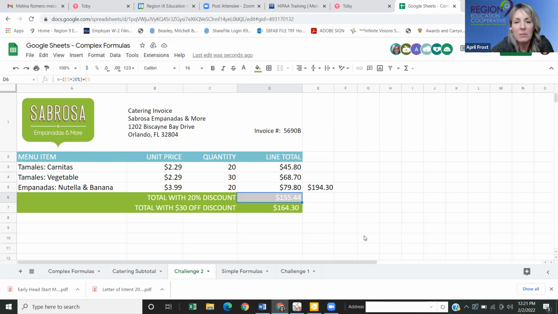So again, following the simple order of operations and making sure that they're in the right place. Total with $30 off the discount. So basically you took the total minus 30? Yes, correct. Okay.